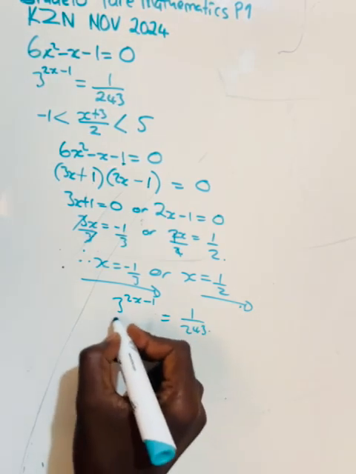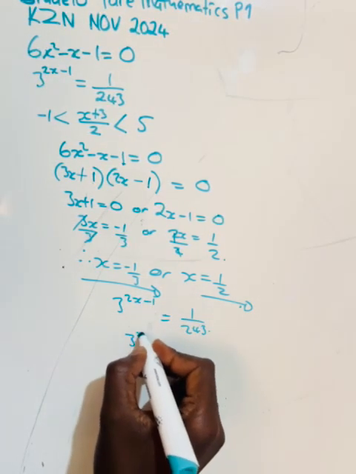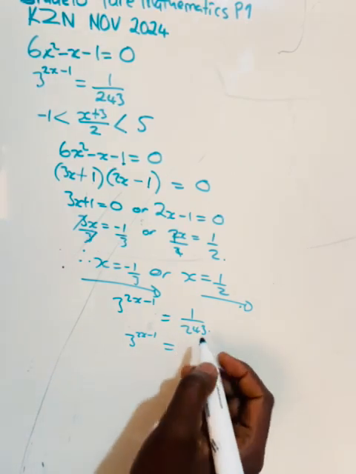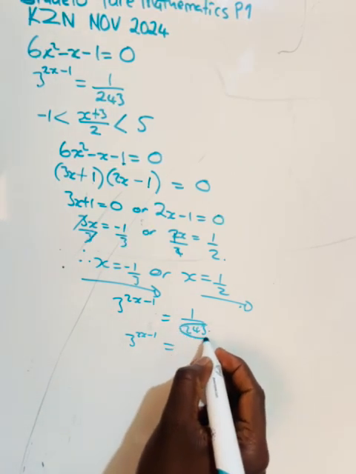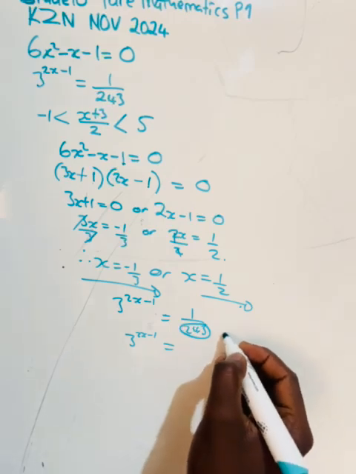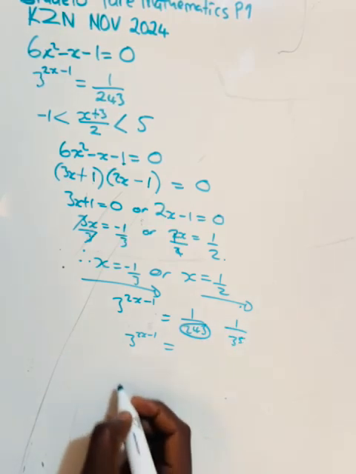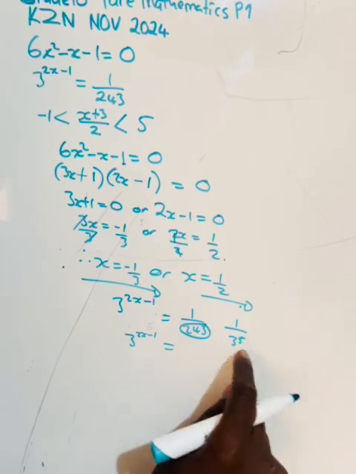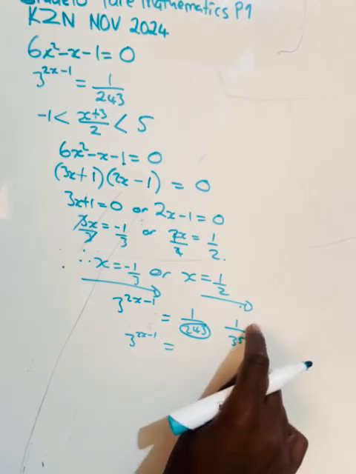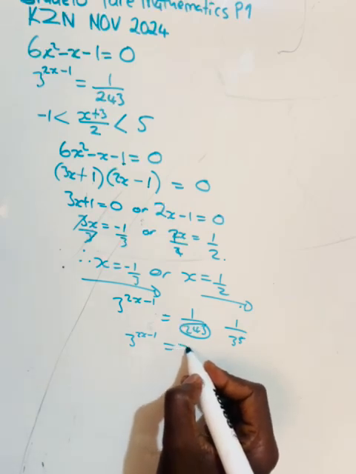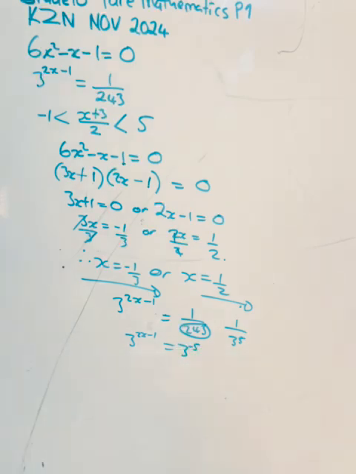So first order of business is to repeat what is written here, 3 to the power 2x minus 1, which is equal to. Then I have to find the prime base of 243. And the prime base of 243 is 3 to the power 5. But now I want this 3 to the power 5 not to be on the denominator, it must be on the numerator. So I'm going to take it there. When I take it to the numerator, it becomes 3 to the power negative 5, right?